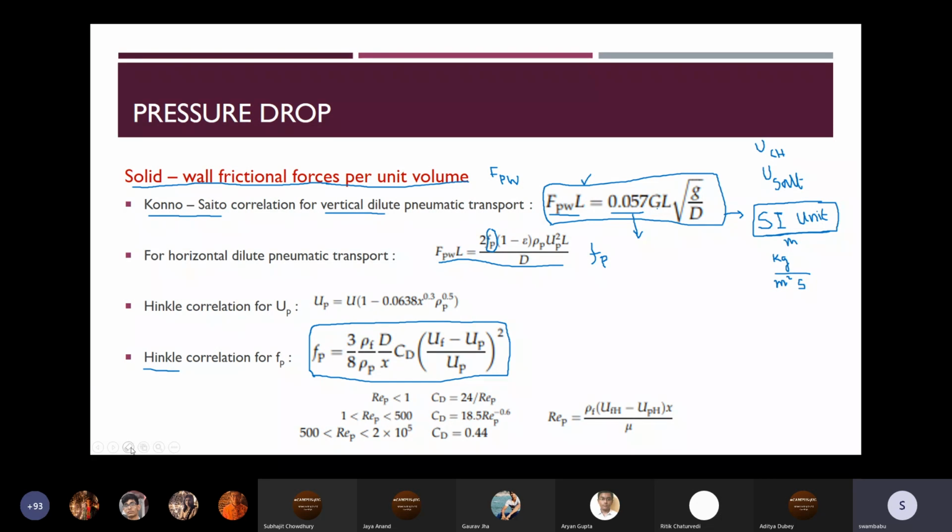We have another correlation, that is UP equal to this one. If you want to use horizontal dilute pneumatic transport, you can estimate UP using this expression.